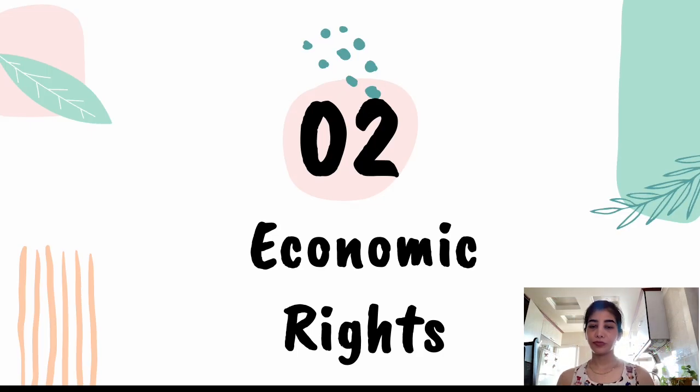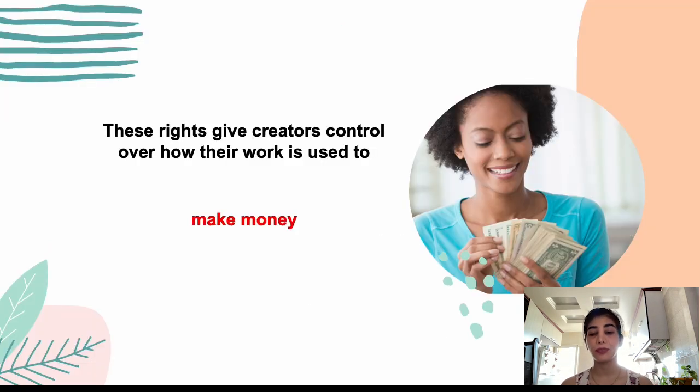Number two, economic rights. A person who owns a copyright property, an intellectual property, has two kinds of rights: economic rights and moral rights. In number two and number three, we are going to get deep into economic rights and moral rights.